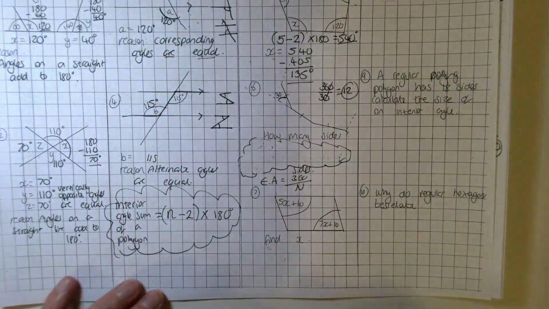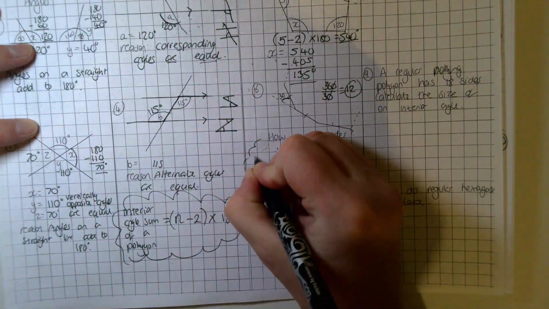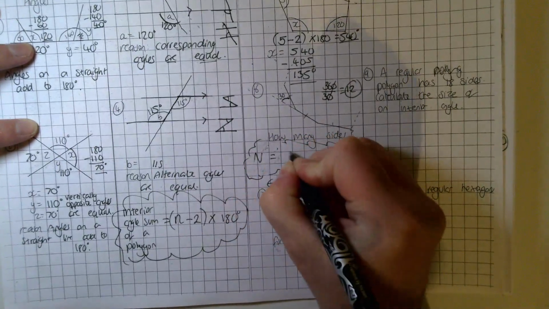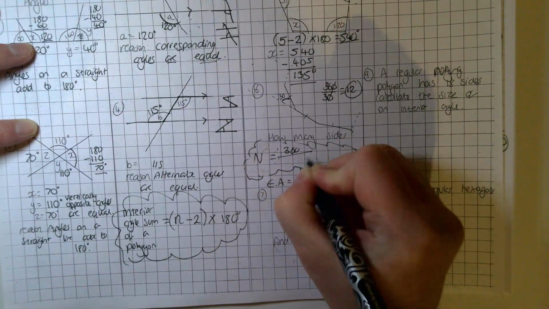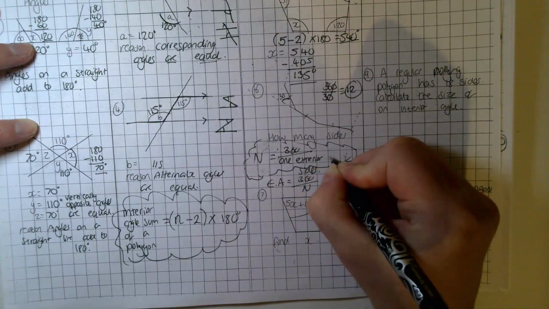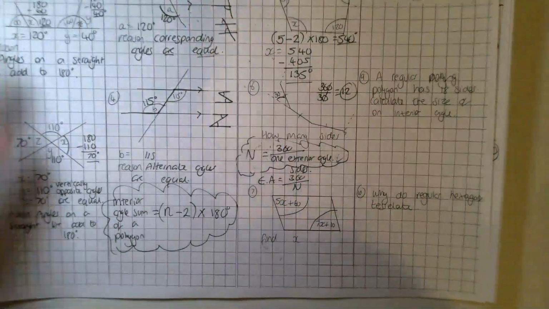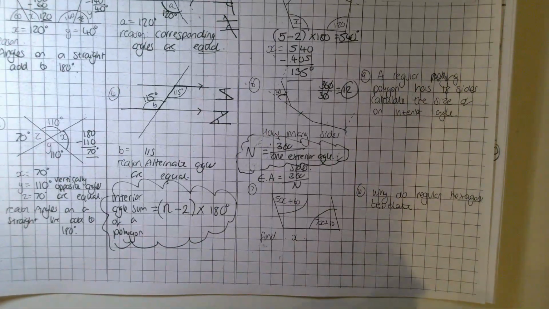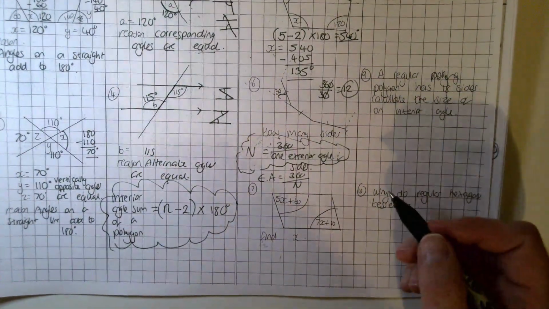Just going to rewrite it, guys, sorry. So n, the number of sides, equals 360 divided by what one exterior angle is, and that's for a regular polygon.